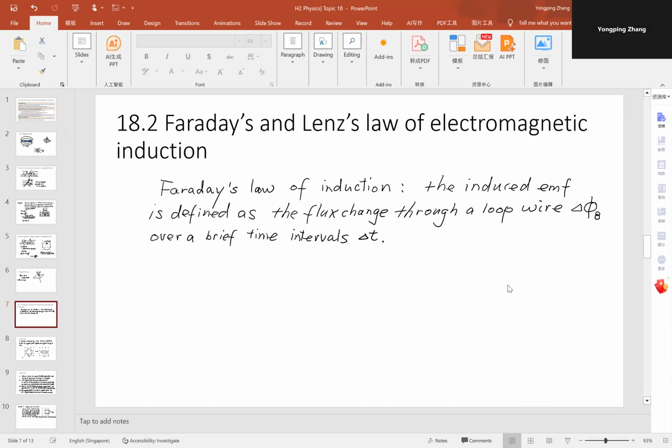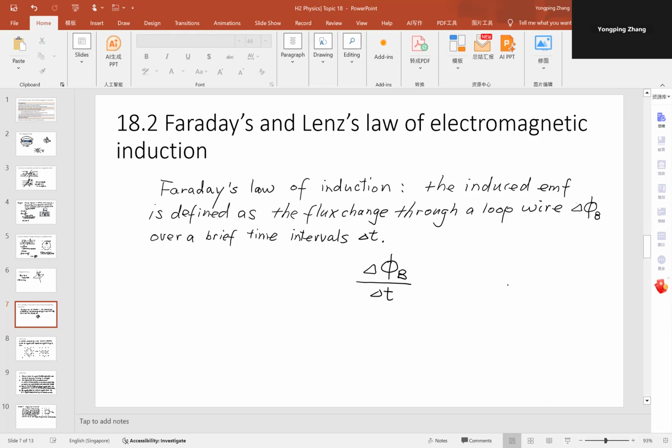For Faraday's and Lenz's law of electromagnetic induction, Faraday's law of induction means the induced EMF is defined as the flux change through the loop over a brief time interval.